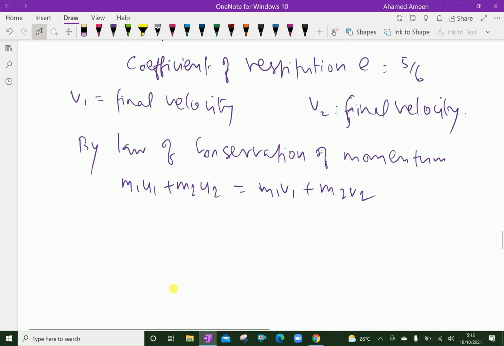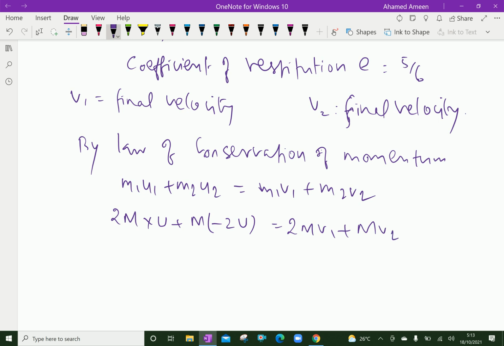Now we apply the values. m1 is 2m into u, m2 is m into minus 2u, equals 2m v1 plus m v2.